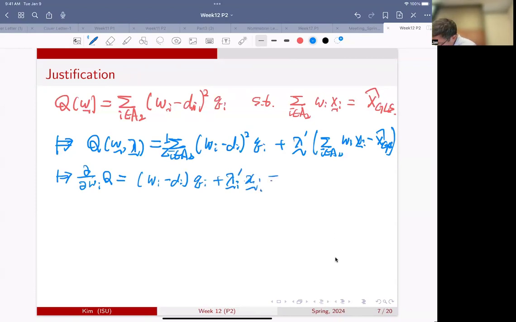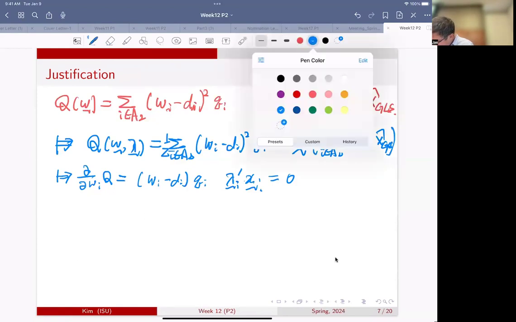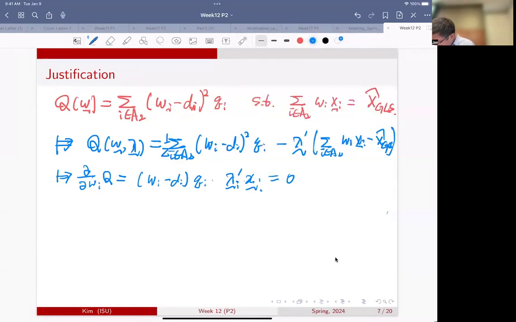We want to set it to zero. And actually you can make life easy. So that means you can obtain something like di plus lambda.